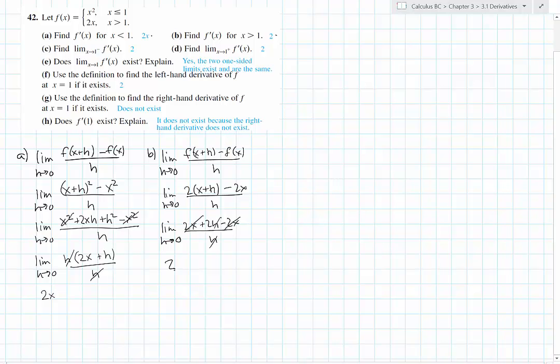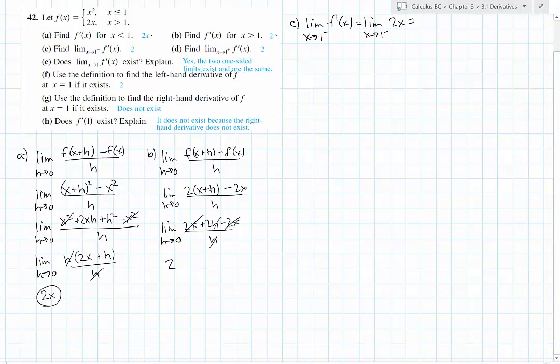Now, part C. In part C, it's asking what is the limit as x approaches 1 from the negative side of f prime of x. Well, we've already found out what the value of f prime of x is while we're less than 1. So really this becomes the question, what is the limit as x approaches 1 from the negative side of 2x?